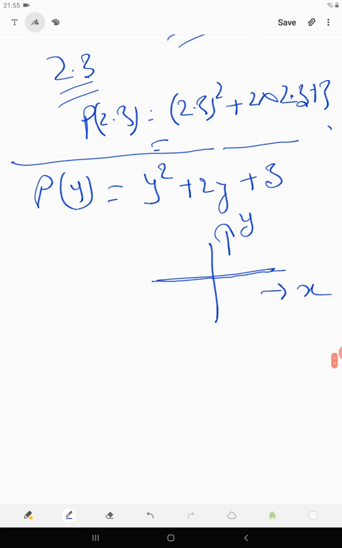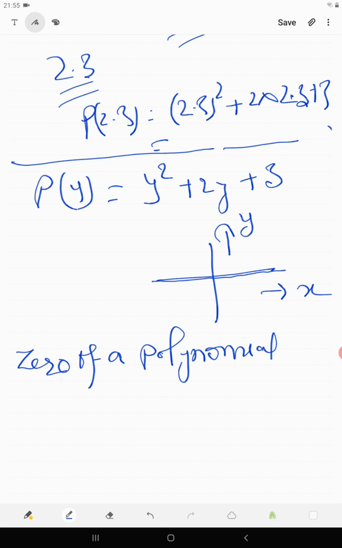So what is the zero of a polynomial? In CBSE class 10, you will learn about the zero of a polynomial. In other books, you will see this zero also known as the root of the equation. So don't get confused.